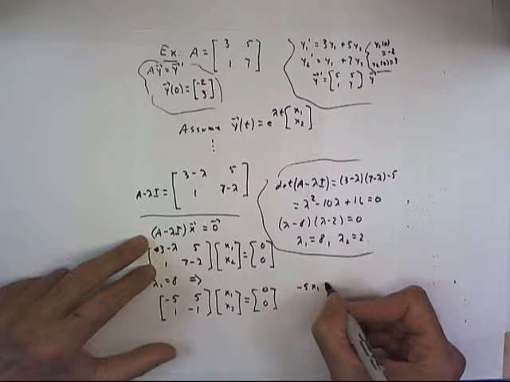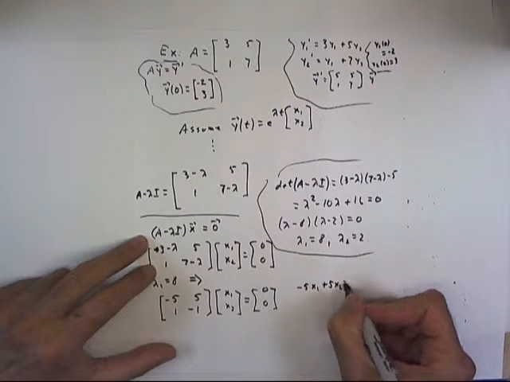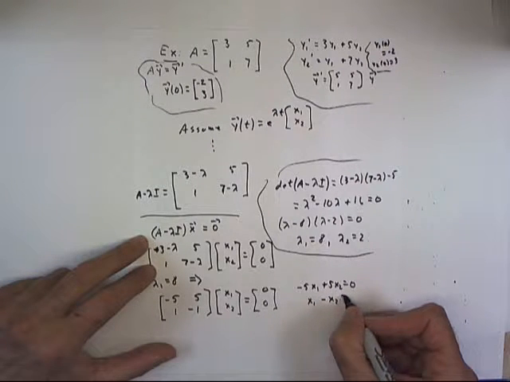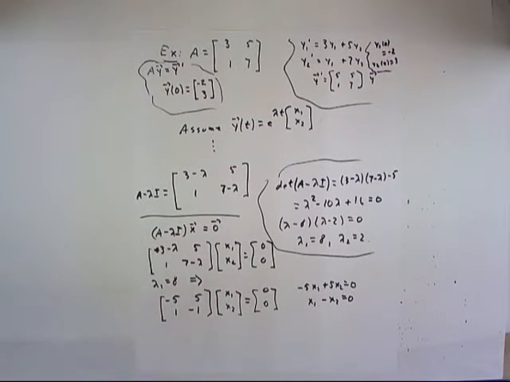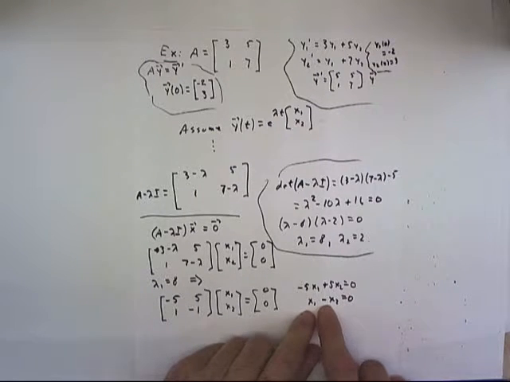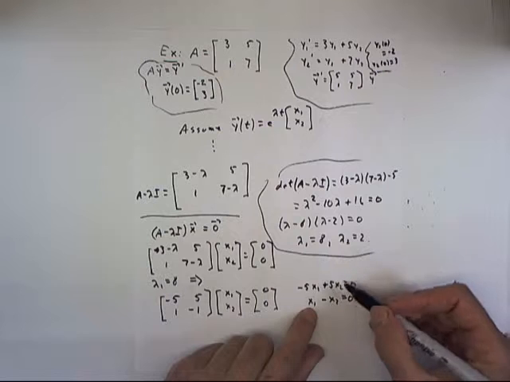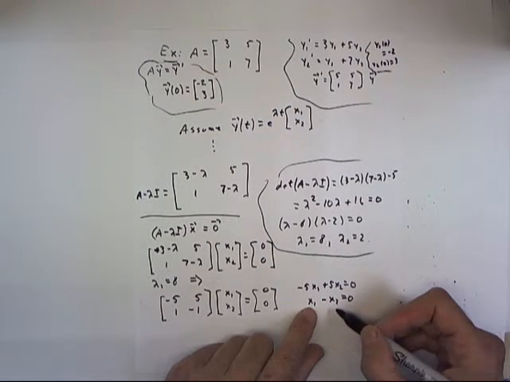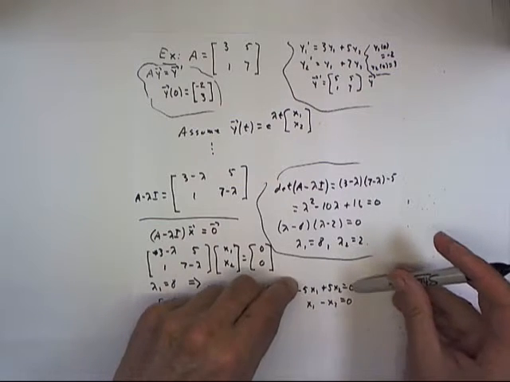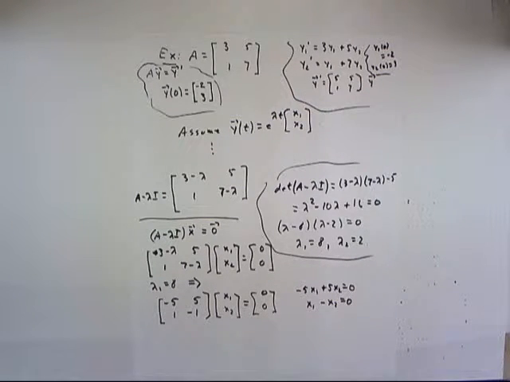Negative 5x1 plus 5x2 equals 0, and x1 minus x2 equals 0. These equations are degenerate. This equation is just negative 5 multiplied by this equation. The equations have identical solutions. Any solution to the first is a solution to the second.